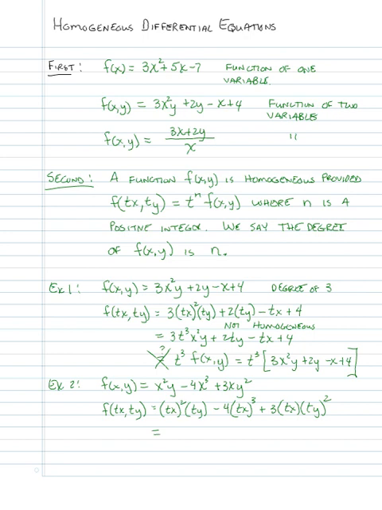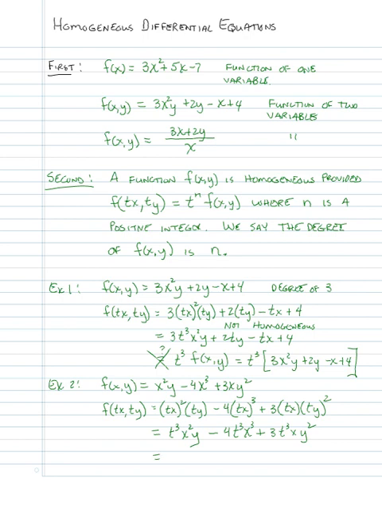And as we see here in this first expression, we have t squared x squared ty, so that's a t cubed x squared y. In the second term, we have 4t cubed x cubed. And in our third term, we have a tx times a t squared y squared. So we have 3t cubed x y squared.